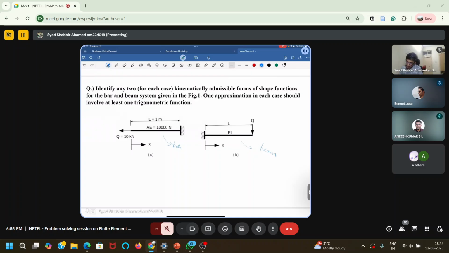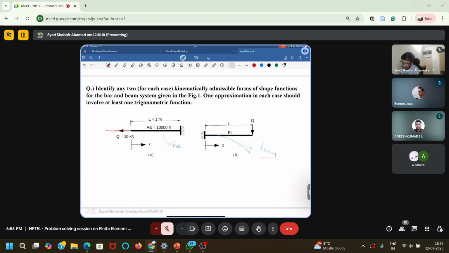A beam will undergo transverse displacement, transverse deformation, and a bar is something which will deform along its length. If I apply a tension force, the bar will elongate along its length or compress along its length, while the beam will undergo transverse deformation.